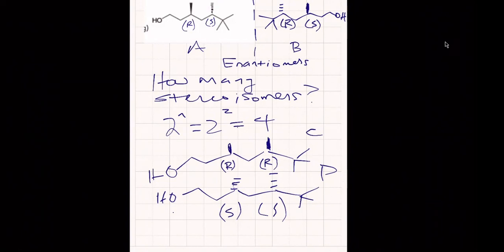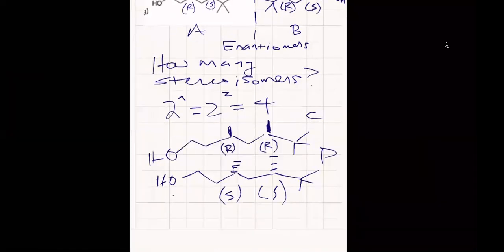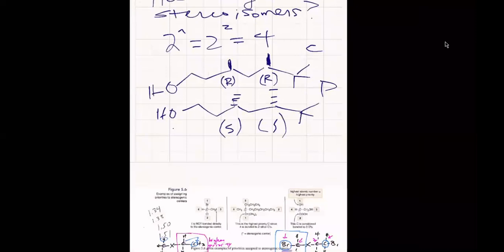I'm going to write that in here before I post this to Blackboard. I have a question. R and S for the diastereomers would be the opposite, or does that correlate to figure A for the enantiomer?